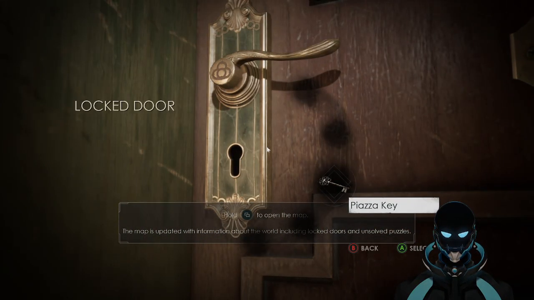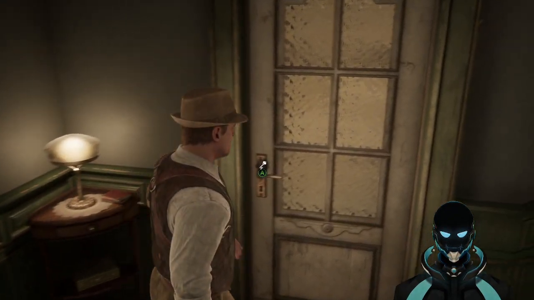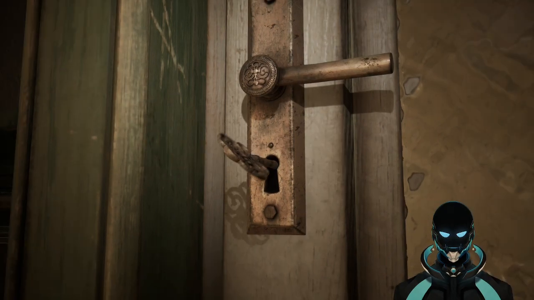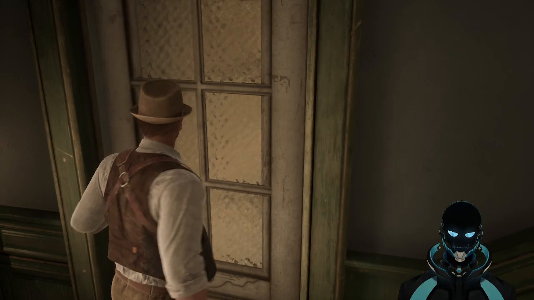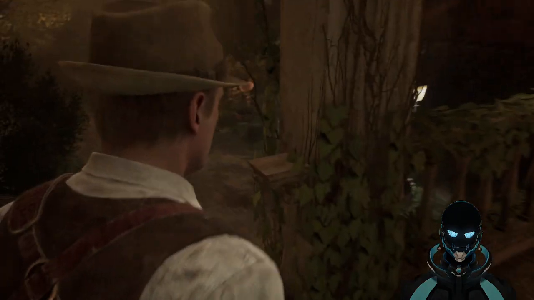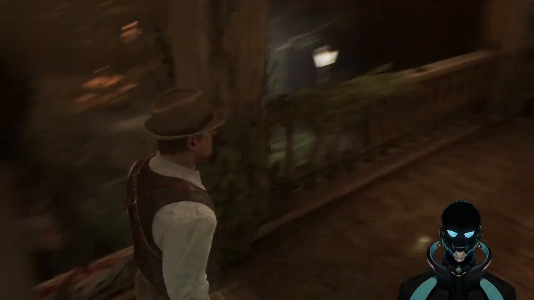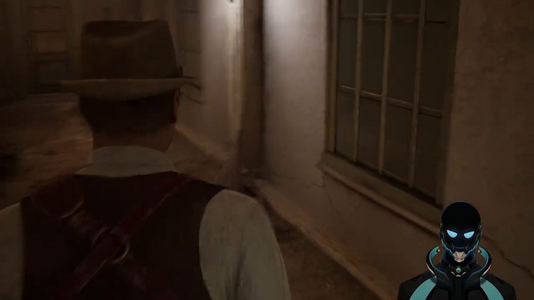Library. I need the key. Alright, that's a fast way down.